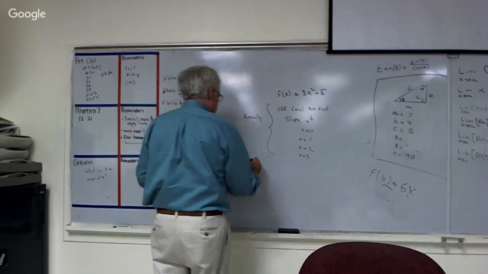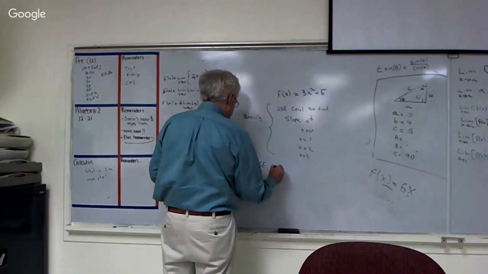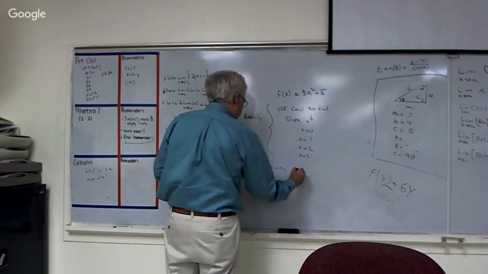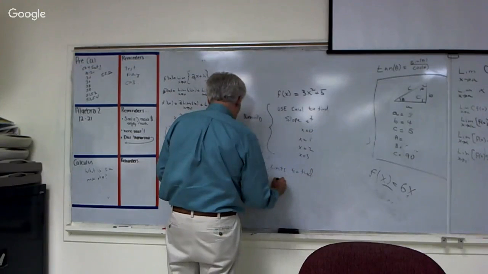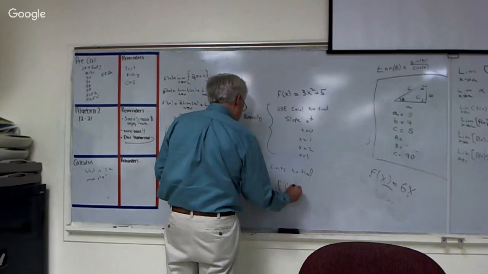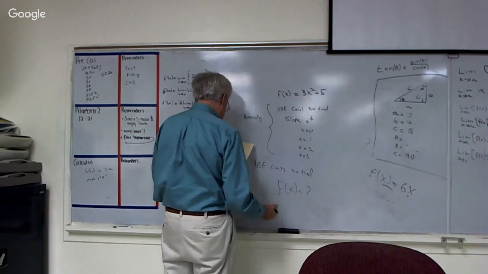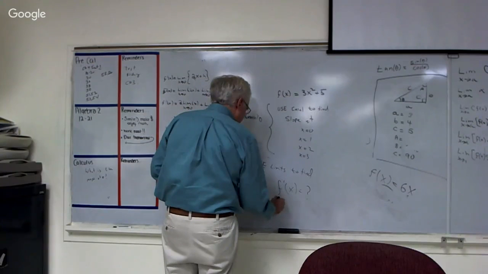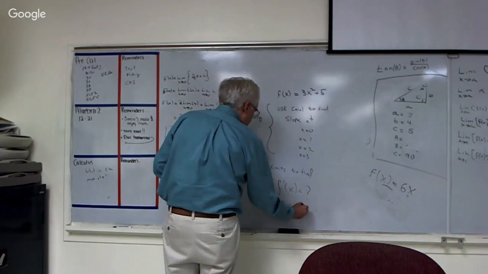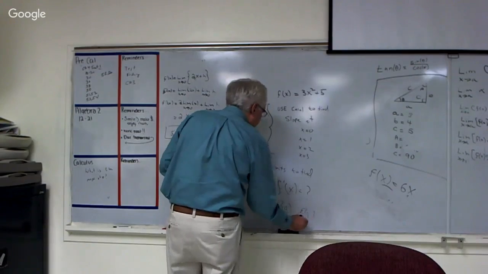Then use limits to find f prime of x is equal to what, right? And then find f prime of 0, f prime of 1, f prime of 2, and f prime of 3.